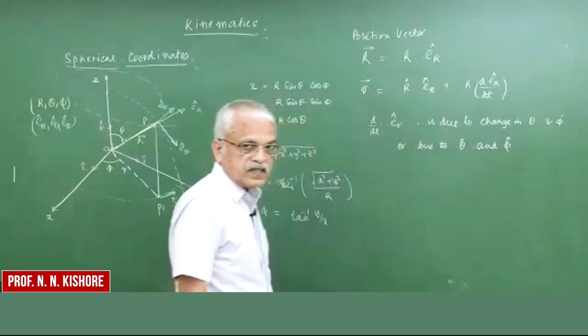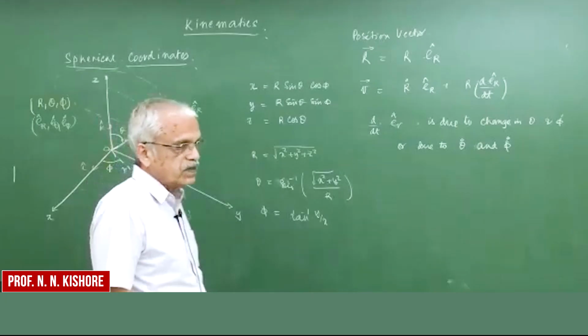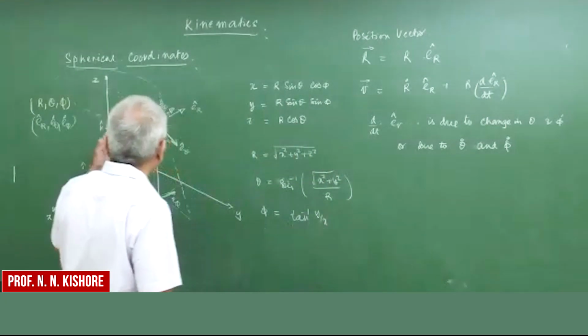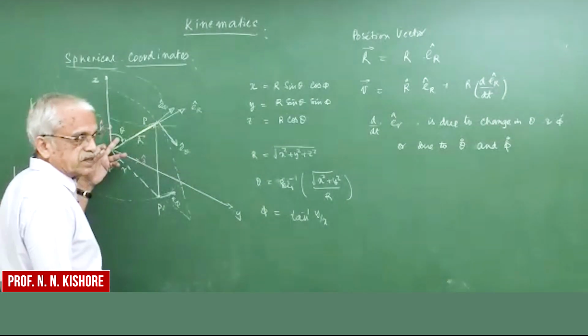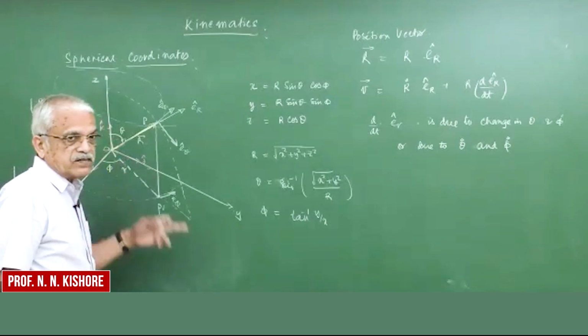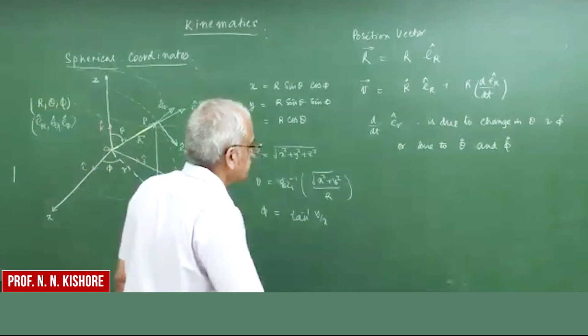If there is a pure theta dot here, so that means theta is going to increase. How is it represented as an angular velocity vector?